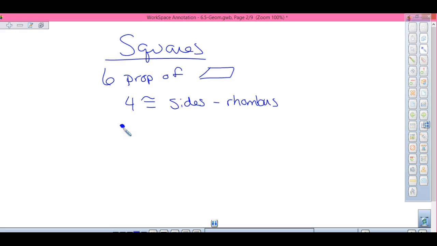what? You were talking. Diagonals are perpendicular. Okay, what else? Diagonals bisect opposite angles.